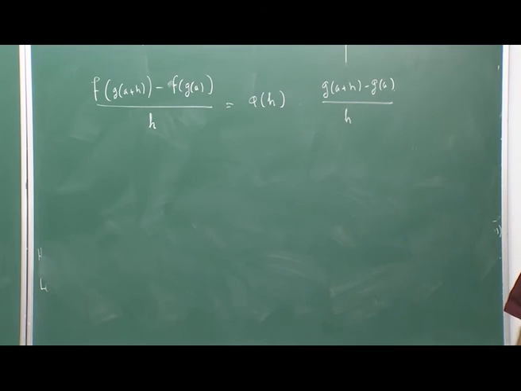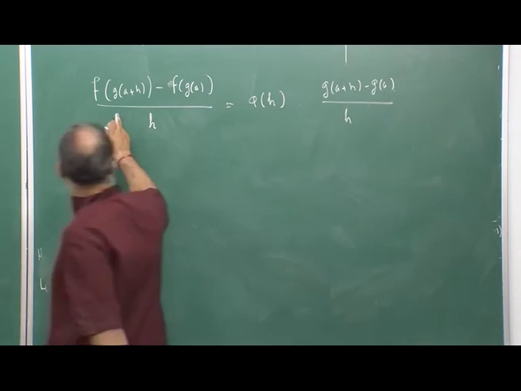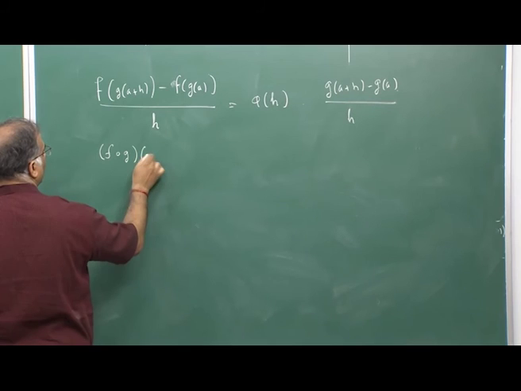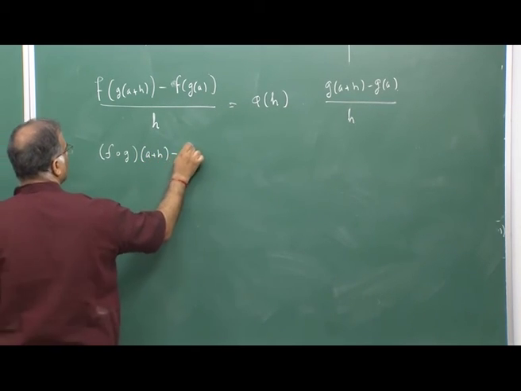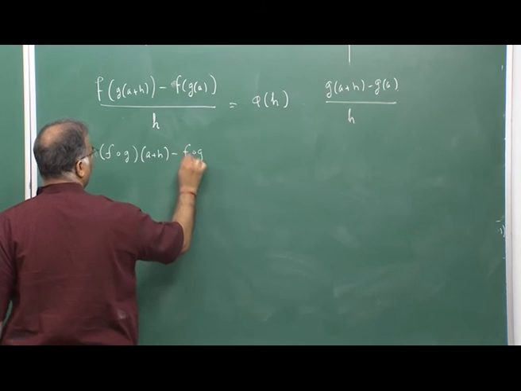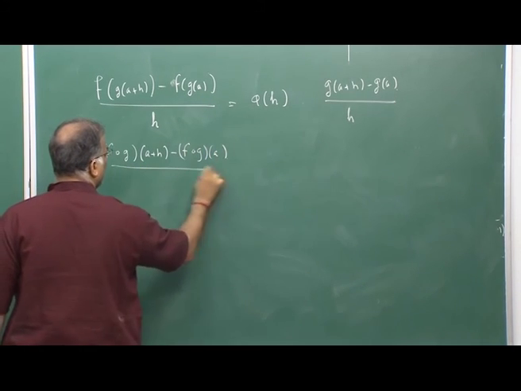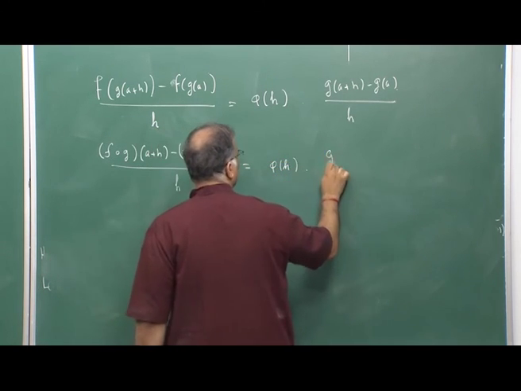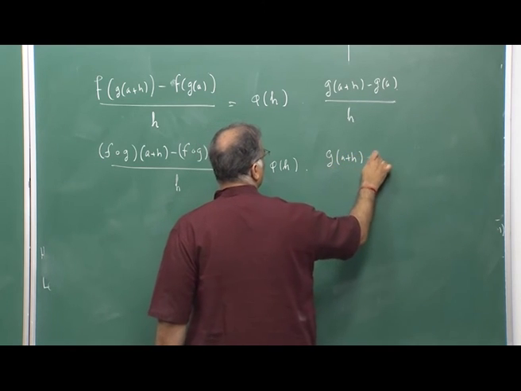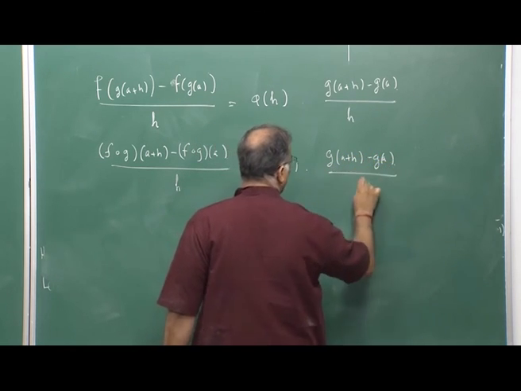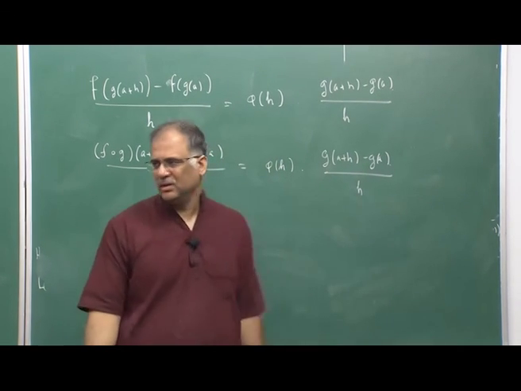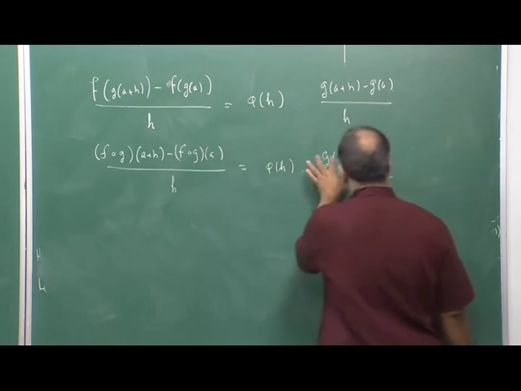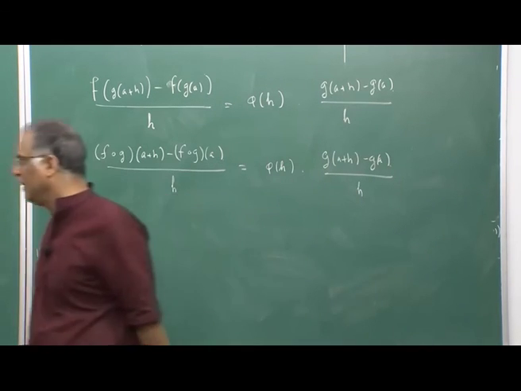So, what I have written is f of g of a plus h minus f of g of a divided by h is equal to phi h into g of a plus h minus g a by h. Now, if g of a plus h minus g a is 0, it does not matter, because then this is 0 and that is 0, so 0 on both sides, and it holds.